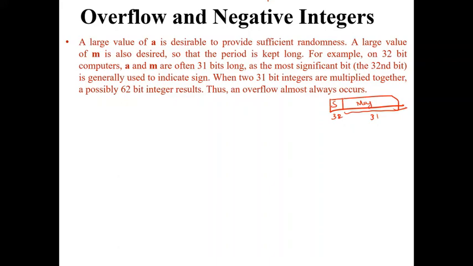Okay. Now, what happens when I multiply two such integers of 32-bit in length? So you have two integers which are 32-bit in length. Will you get the result or the product within 32 bits? No. That depends on the value of the number. Usually there will be an overflow.